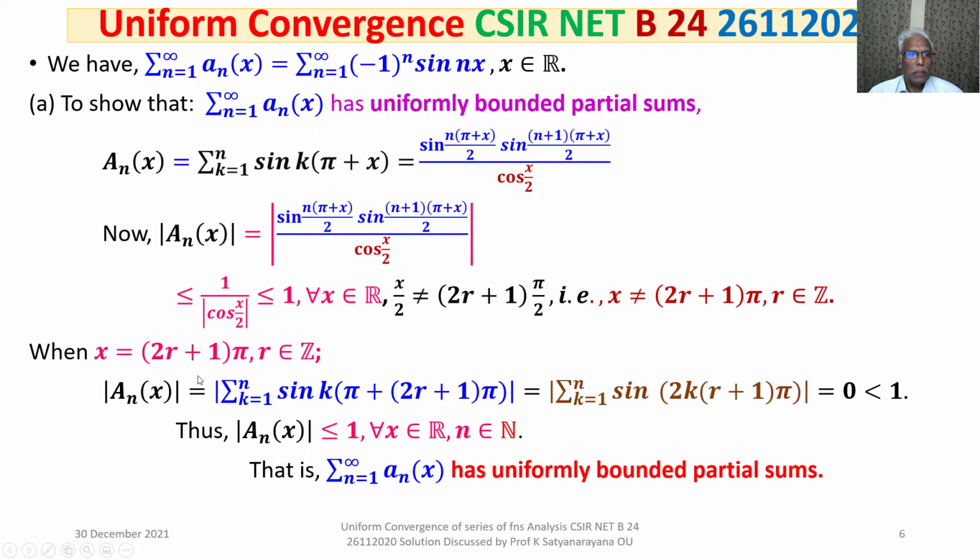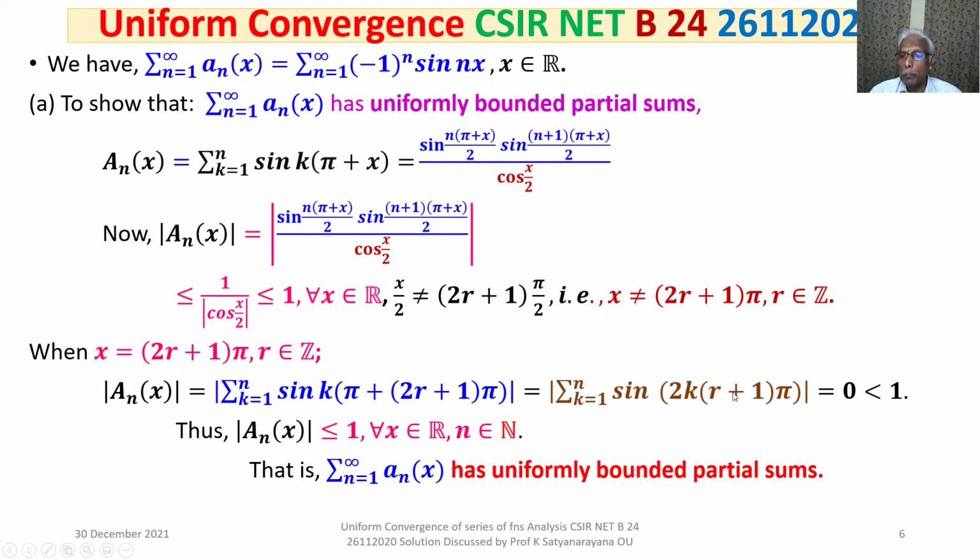Then we see what happens when x is equal to (2r+1)π where r belongs to Z. So take the modulus of A_n(x). It is equal to |the sum from k equals 1 to n of sin k(π + x)|, for x equal to (2r+1)π. Now (2r+1)π plus π is (2r+2)π, and that will be equal to |the sum from k equals 1 to n of sin(2k(r+1)π)|, which are multiples of 2π.